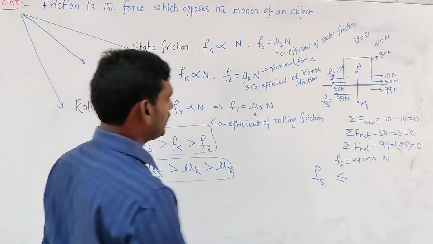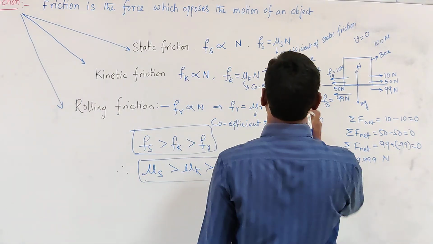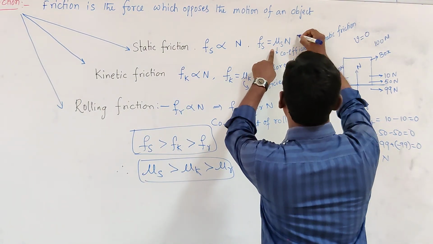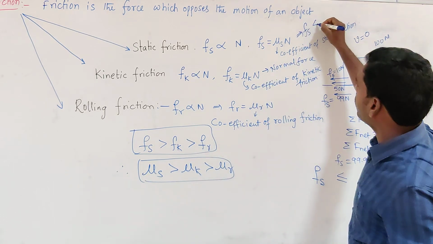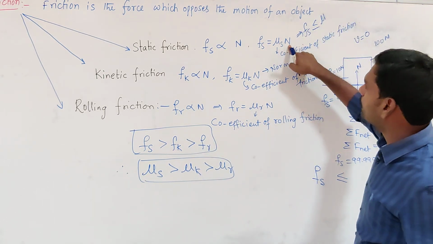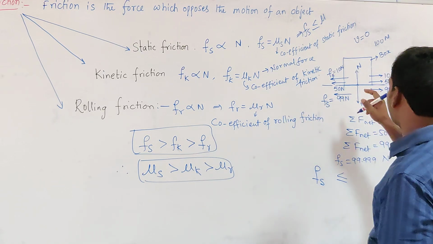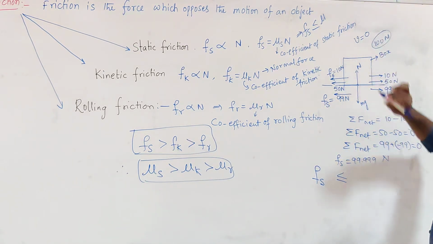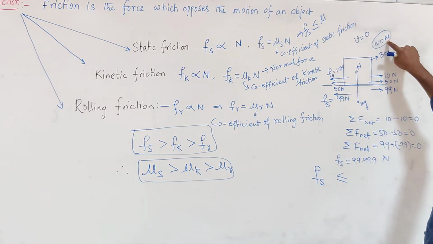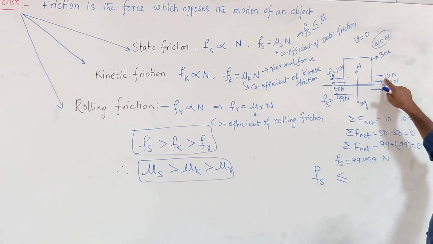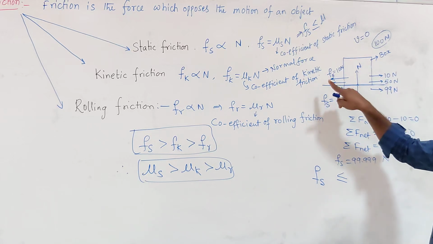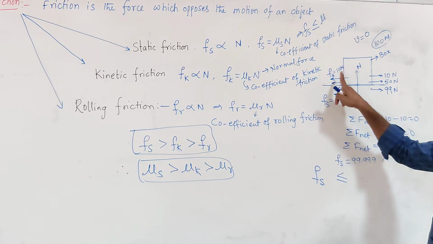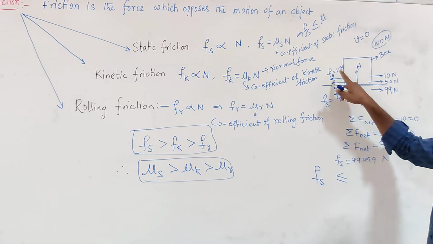Okay. So static friction is always less than or equal to what? Mu s N. Static friction is always less than or equal to mu s N, because here in this case the amount of force needed to put the body in motion is 100 newtons. If I apply only 10 newtons of force, the frictional force is only 10 newtons. Which frictional force is there? Static friction.